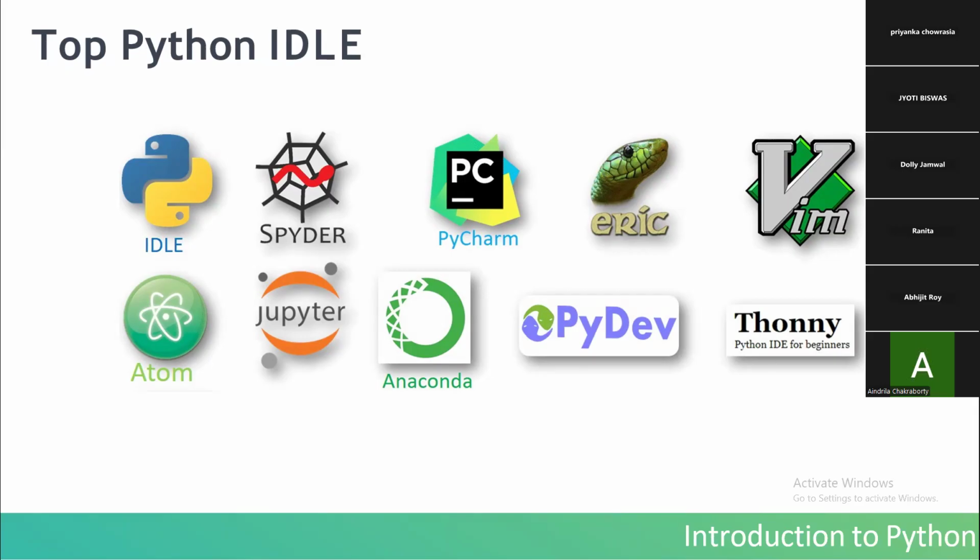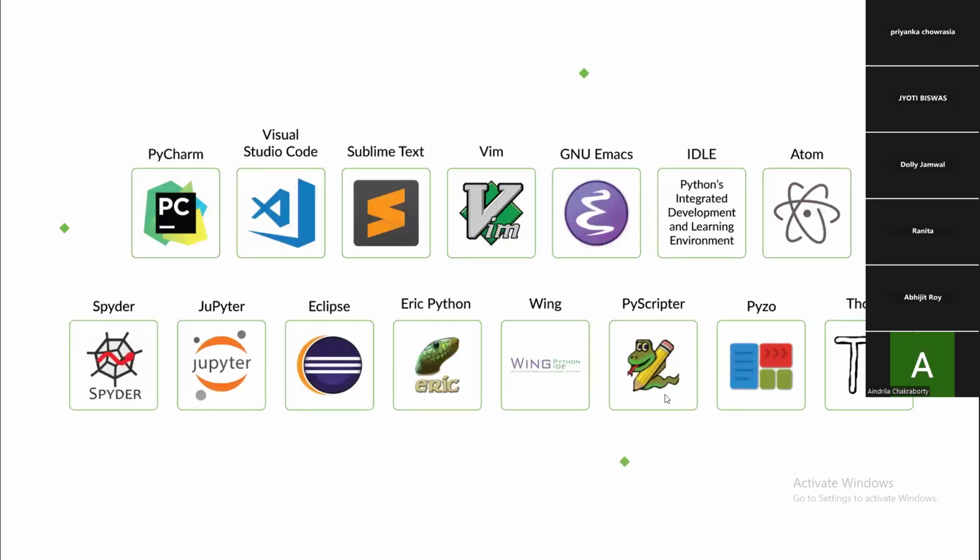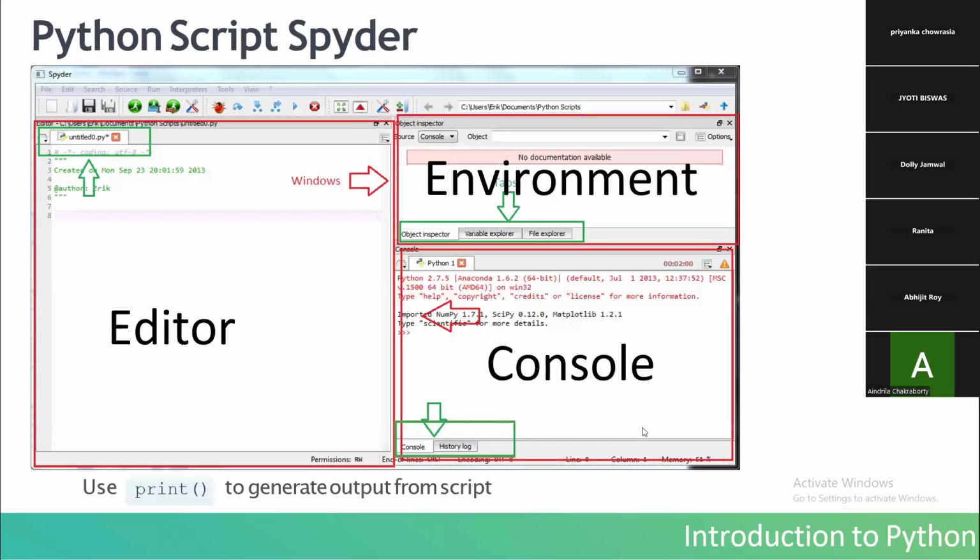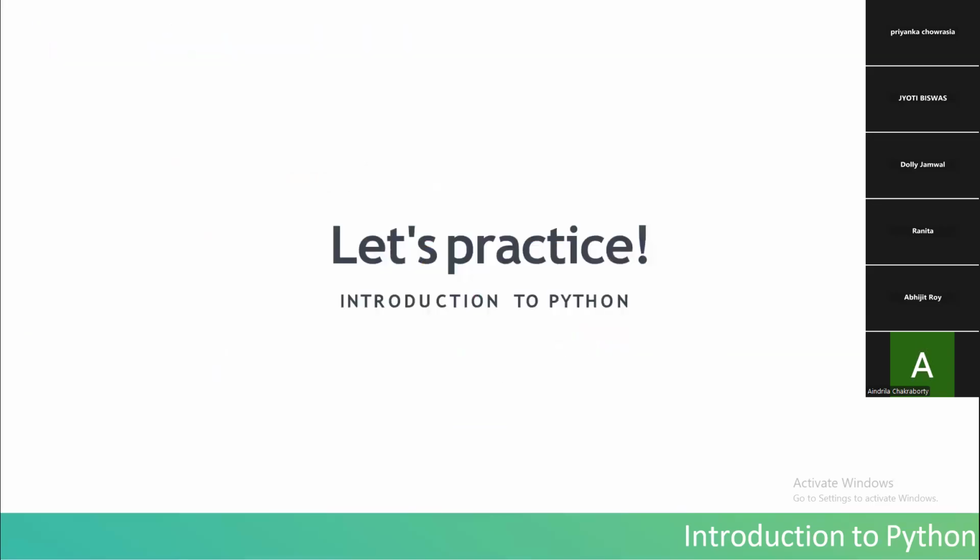There are so many platforms, but for these 5 days we will use only the IDLE IDE and Google Colab. So these are the variety of platforms. This is the Spyder platform, how it is given. I'm not going into this because I will not use this platform for these 5 days.